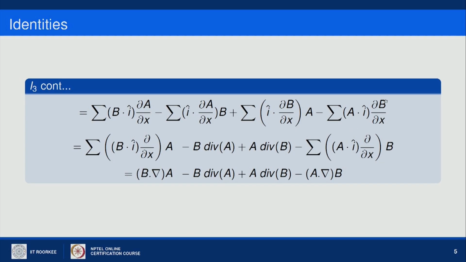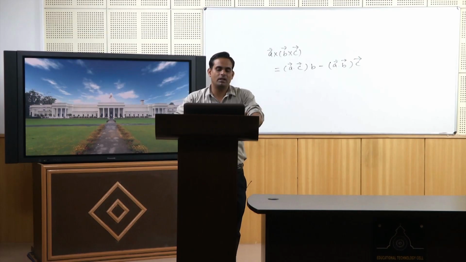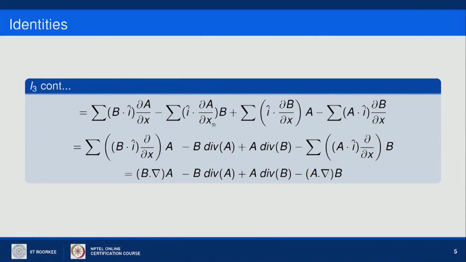Finally B dot I del A over del x, I can write as B dot I del by del x at A, because B dot I will be the component of B in the direction of I. So, this I dot del A over del x into B I can write, because it is nothing but divergence of A. So, I can write B times divergence of A. This I dot del B over del x is A times divergence of B, and finally this A dot I del B over del x, I can take del by del x inside the bracket and B I can take out.